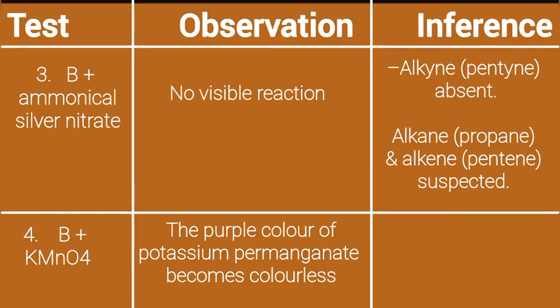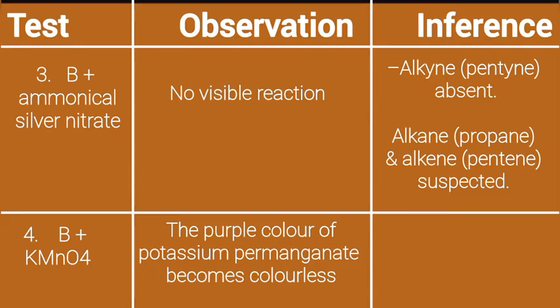Okay? So if the purple color of potassium permanganate becomes colorless, it means that liquid B, which was suspected to be an alkane propane or an alkene pentene initially from test number 3, actually is an alkene. Pentene in this case according to our instruction.